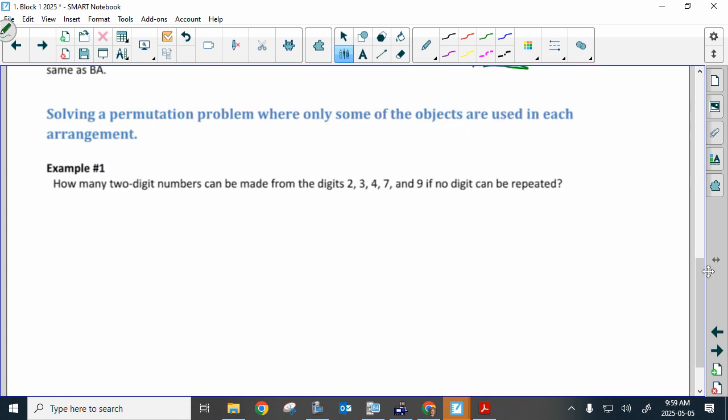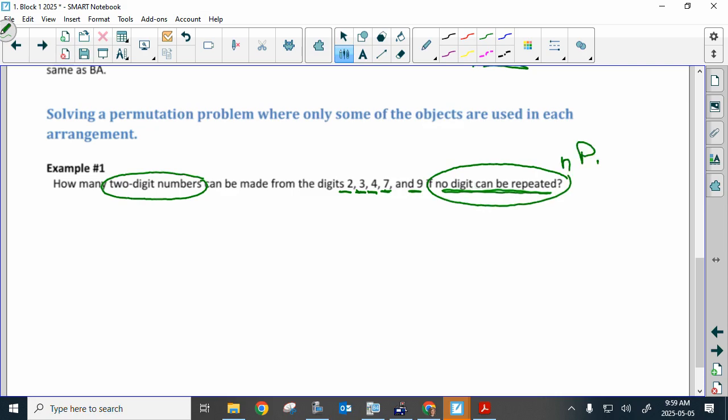We've got 1 minute left. It says how many 2-digit numbers can be made from the digits 2, 3, 4, 7, and 9 if no digit can be repeated. We can use the fundamental counting principle on this, but I'm also going to connect it to the permutation formula. As soon as there's a no digit can be repeated, you can use this formula, and you need to know that you could have used that formula.